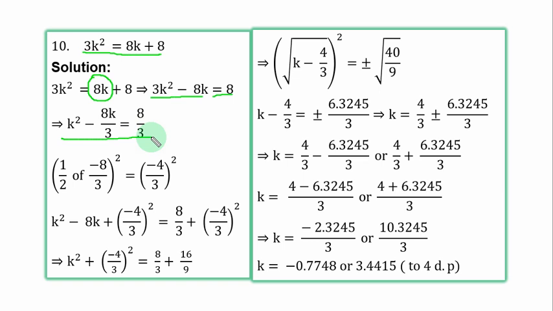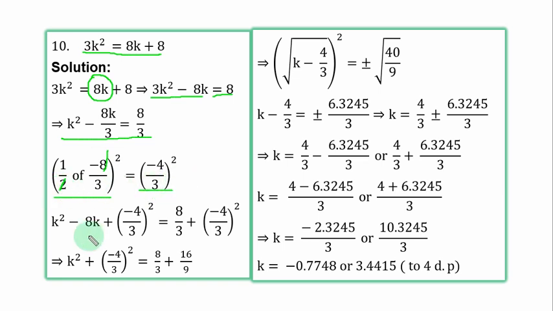Step 3, add the square of half of the coefficient of k to both sides. The coefficient of k is -8/3, so you look for half of it and square it. Half of it is, because you can divide this 8 by 2, so you have (-4/3)².